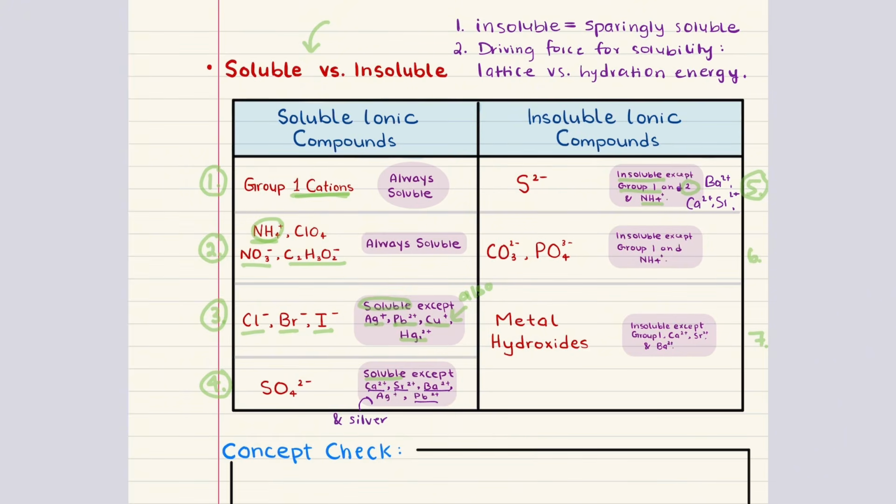Rule number 6, hydroxides are typically insoluble unless they come from group 1 metals or the same subset of larger group 2 metals. That means calcium, strontium, and barium. Rule number 7, finally, the polyatomic ions carbonate, phosphate, sulfide, and sulfite are all insoluble unless they are paired with group 1 cations or ammonium.